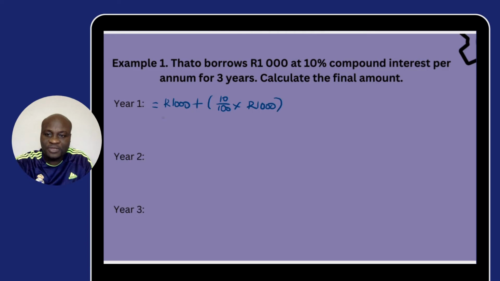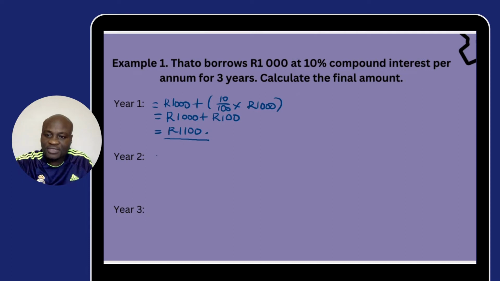Notice the first period for simple interest and compound interest are almost the same. So when we solve this bracket, 10% of 1,000 rands is 100 rand. When you put them together, they give us 1,100 rands.